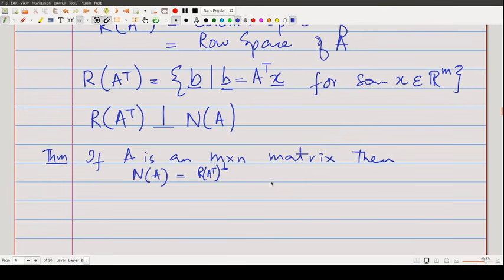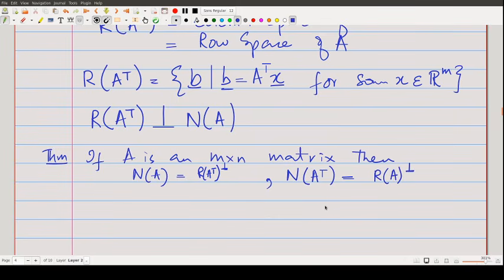And something further, we can switch these: if you reverse the argument and look at it from another perspective, if you consider the column space, then the null space of the transpose is going to be equal to the orthogonal complement of the column space of A.